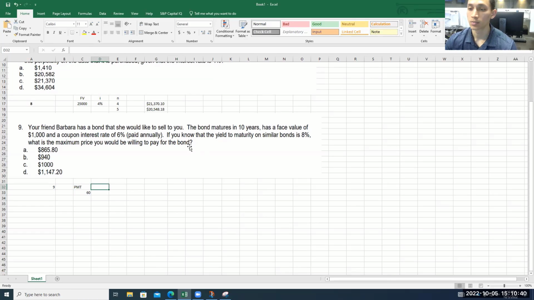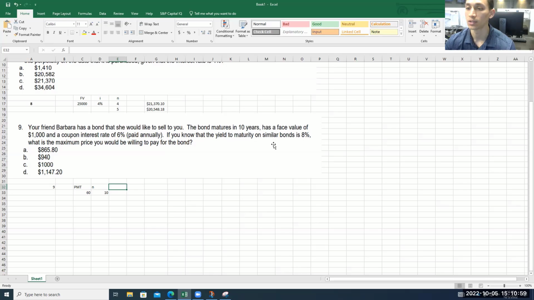It does tell us in the problem that the bond will mature in 10 years. That's going to be our N, 10 years. If we know that the yield to maturity on similar bonds is 8%, we're going to be using this 8% as our interest rate.